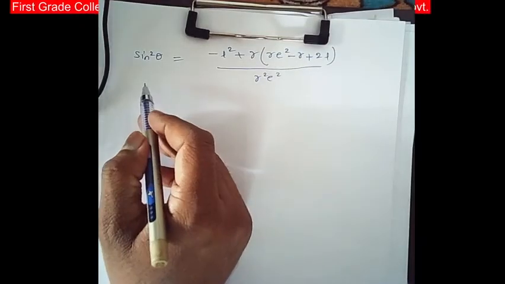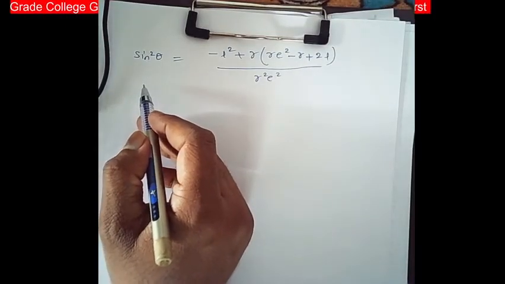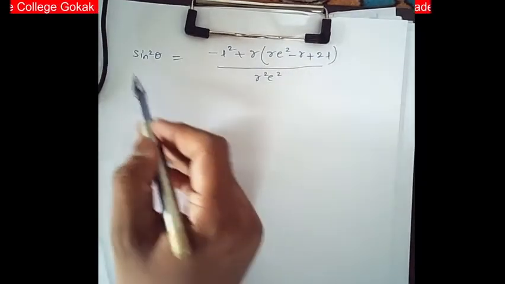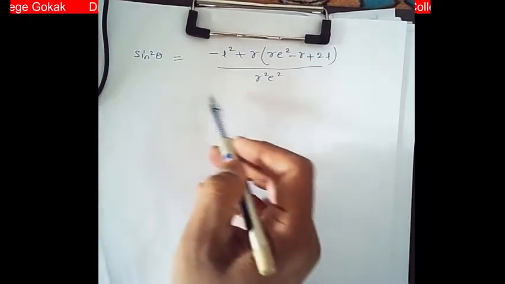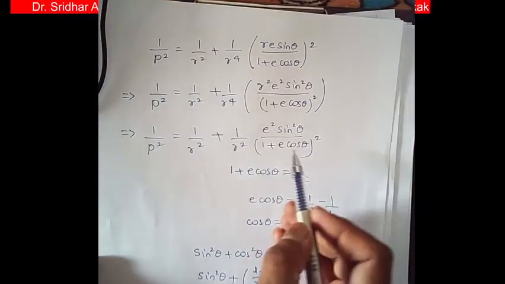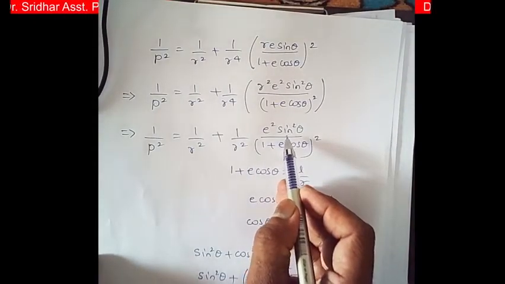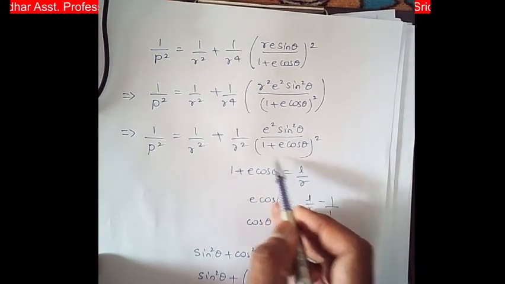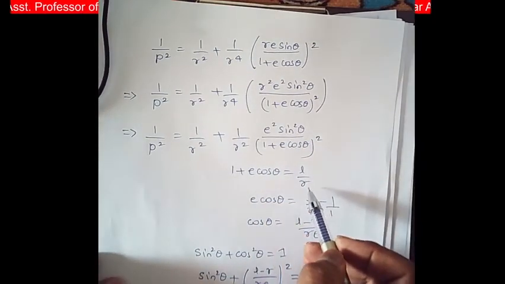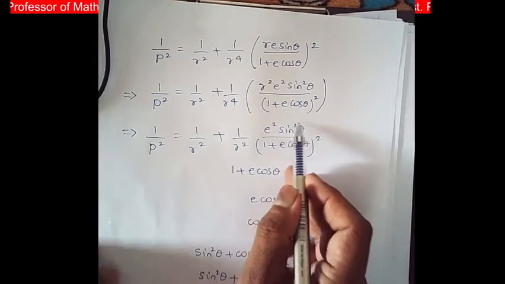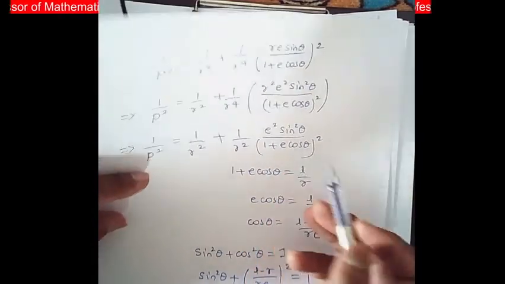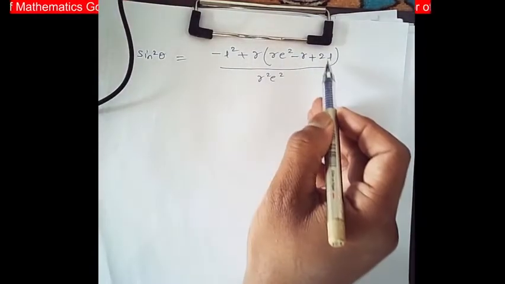So now what I do, I substitute this value of sin square theta in this equation here. So this I replace by L by R, and this sin square theta I replace by this equation.